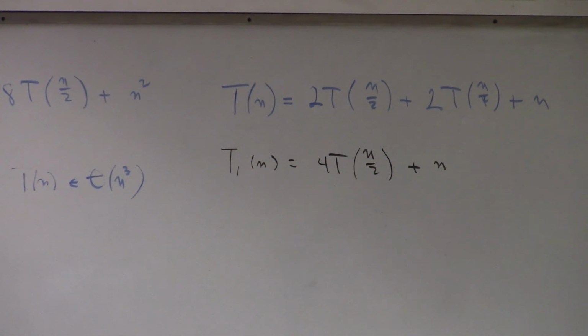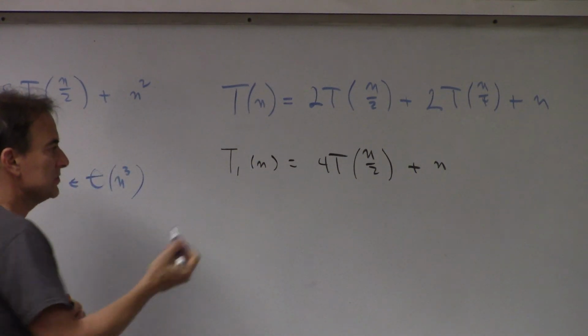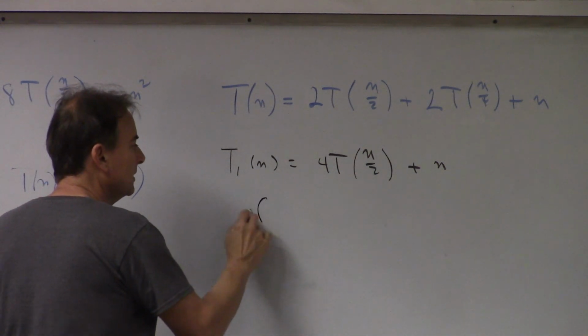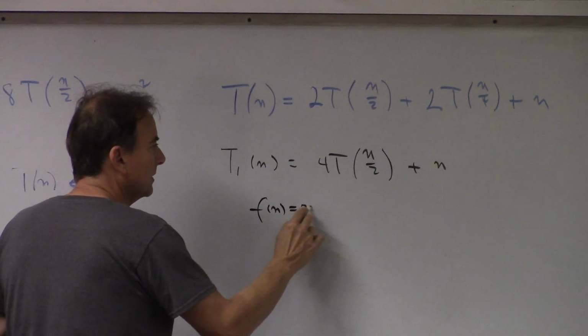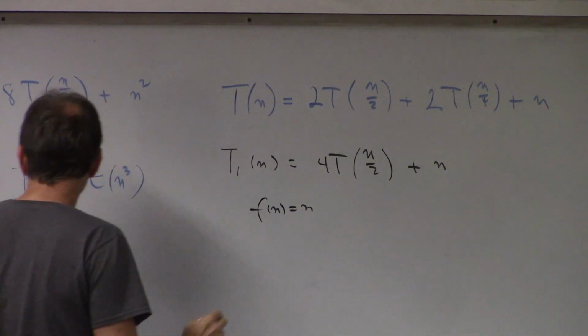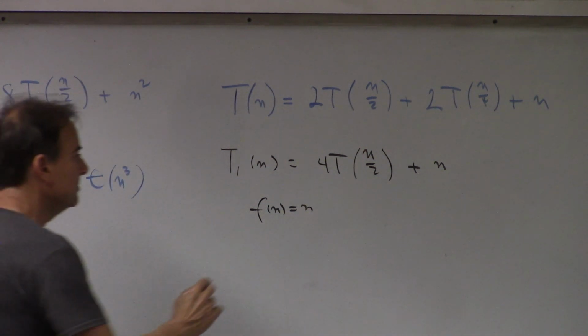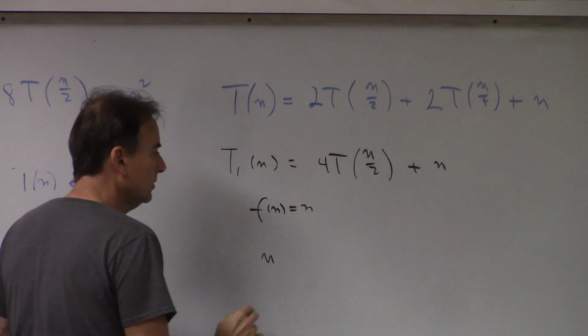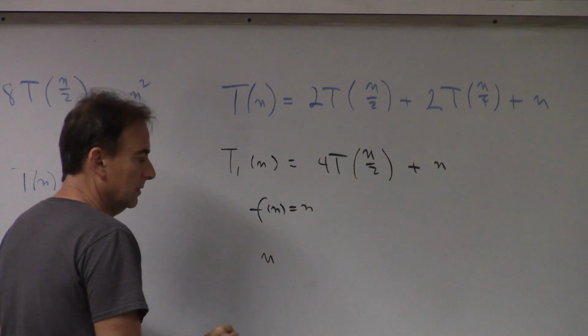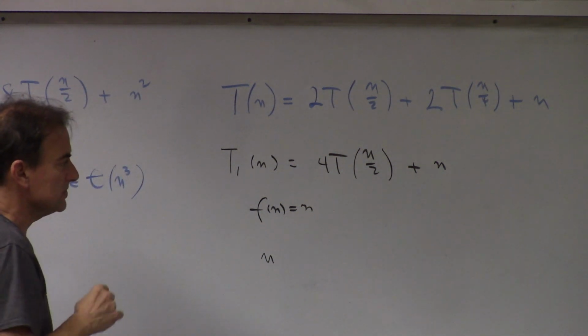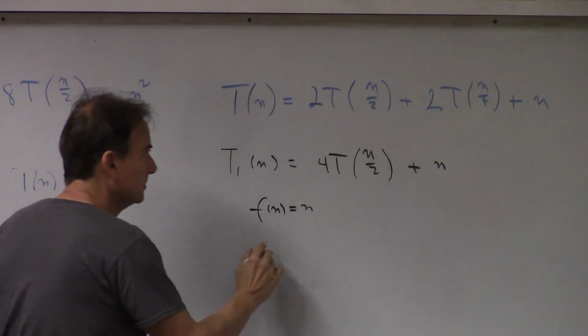Because the upper bound is now applicable for master theorem. So if we just look at this one, we'll have f of n is equal to n, and n to the log b of a is n to the log 2 of 4, which is n squared.